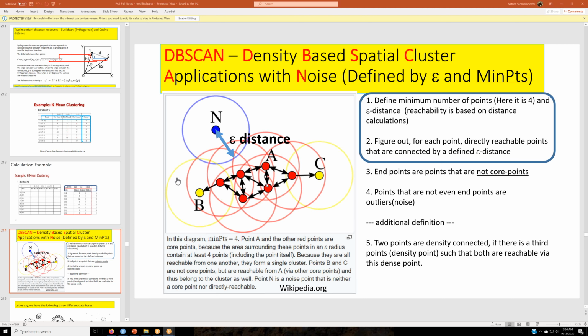Distance is involved there through the circle size, the epsilon distance, the radius. But anything less than that is also considered. This has less distance compared to this and this, but still they are part of the circle. So the distance between the points is not the focus. The circle size is the focus.